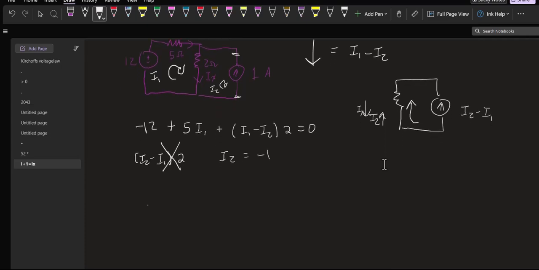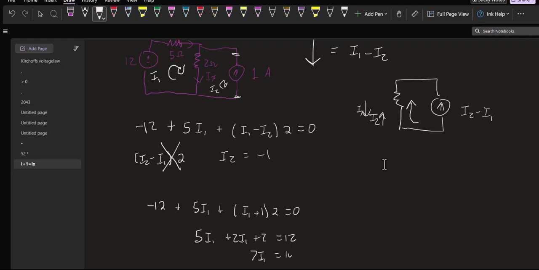Then if I plug that in, I get minus 12 plus 5I1 plus I1 minus I2, so minus -1 will be plus 1 times 2 equals 0, or 5I1 plus 2I1 plus 2 equals 12.